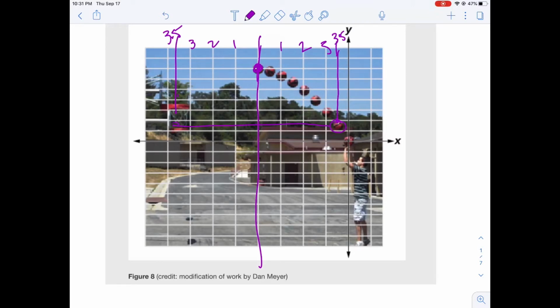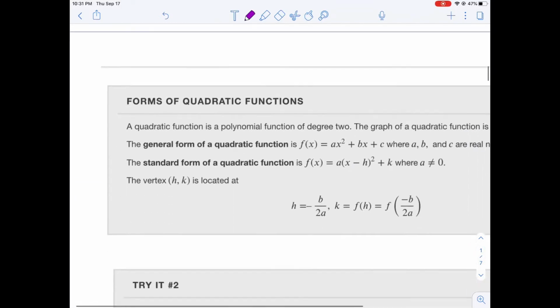So the ball over here is going to be that height, so you're going to miss it. I think that's the idea that they want you to use from this picture. You can look at the symmetry, and the axis of symmetry around the vertex of the parabola, and get some information.